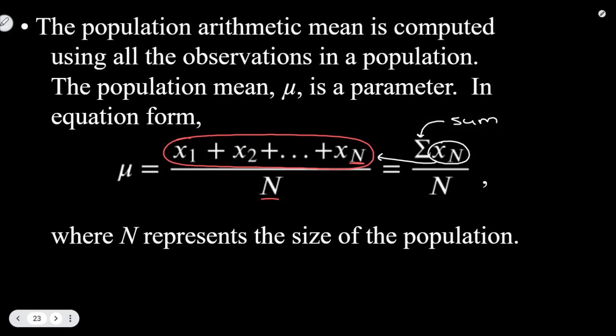So this isn't actually telling us anything different, it's just giving us an abbreviated way of writing it. And sometimes when you see formulas, you will see that sigma sign in there telling you that you should add up all the values. And then remember again that the n is the size of the entire population, so that's why we're dividing by uppercase N.